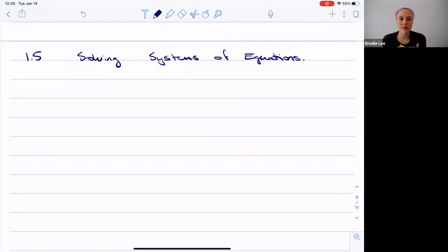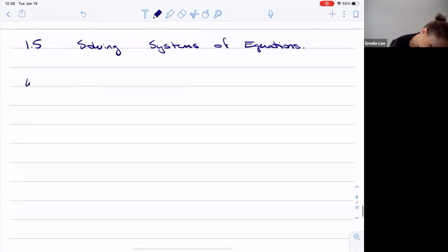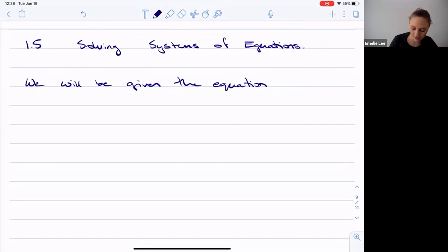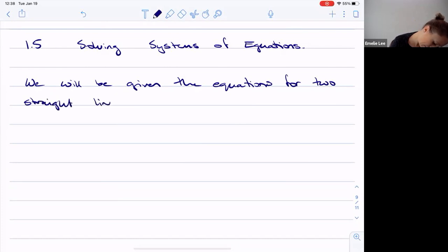So a system of equations is really just, well, in the end, it's two straight lines and you want to find the point of intersection. So we will be given the equations, and we're going to stick to two, the equations for two straight lines. And we want to find the point of intersection.